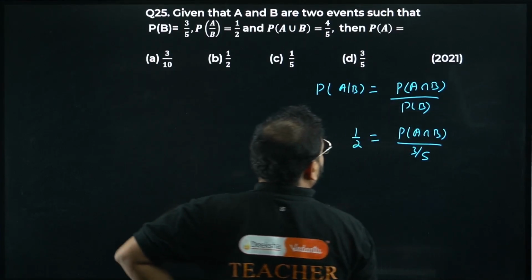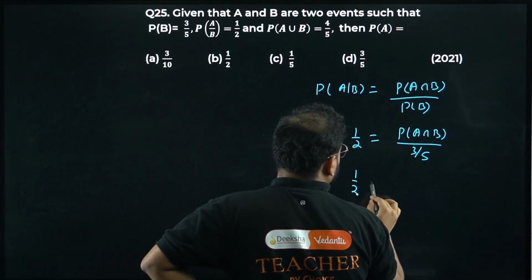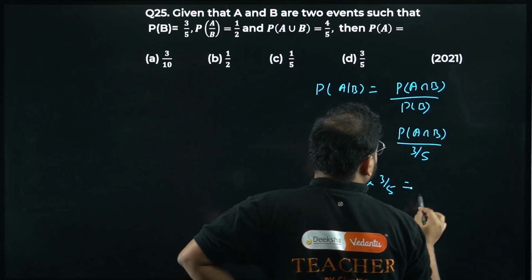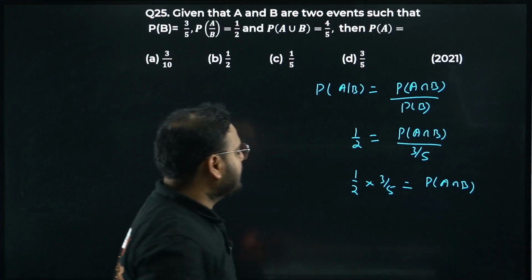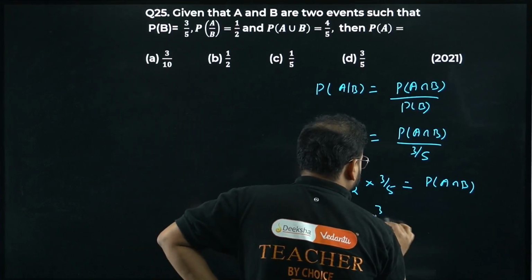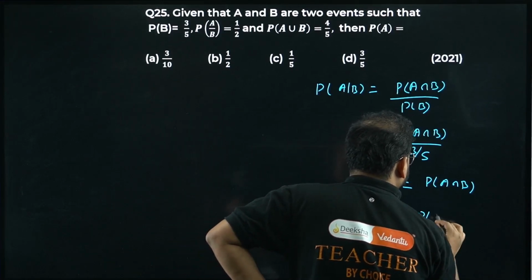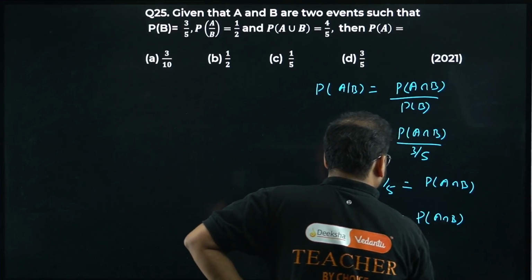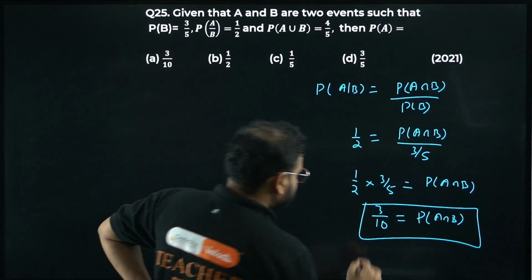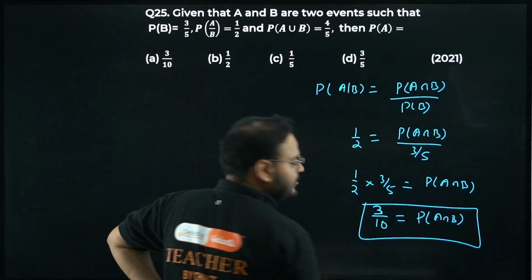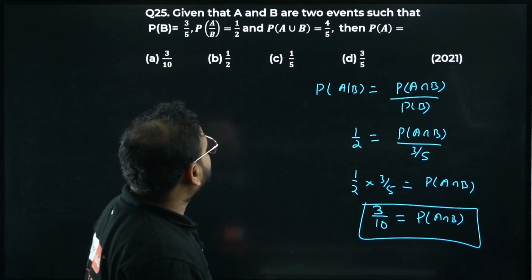If I cross multiply, I'll get 1 by 2 into 3 by 5 equals P(A intersection B). So we get 3 by 10 as my P(A intersection B). One part is clear, not a problem at all. Great. I'm looking for P(A).